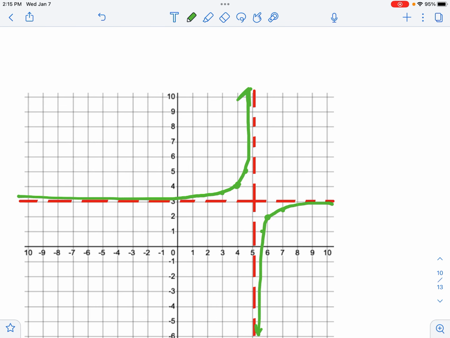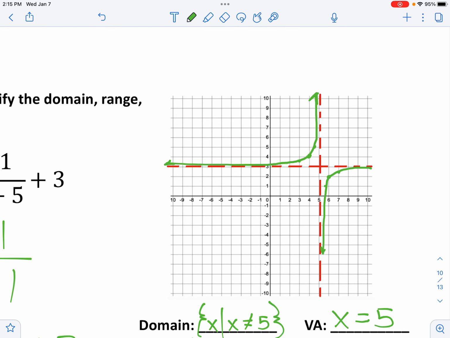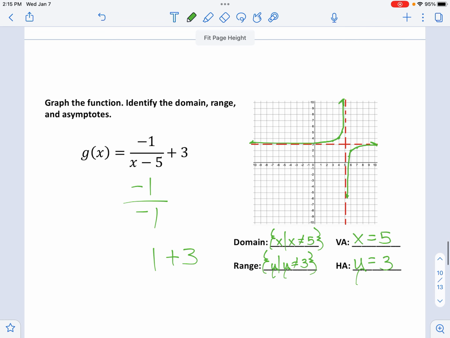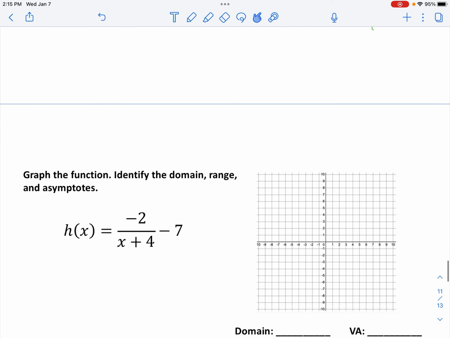All right, I should have probably made that go down a little bit further, but you see how that works. It's not too hard once you get your vertical and horizontal asymptotes in there. Let's try one that is a little bit harder.